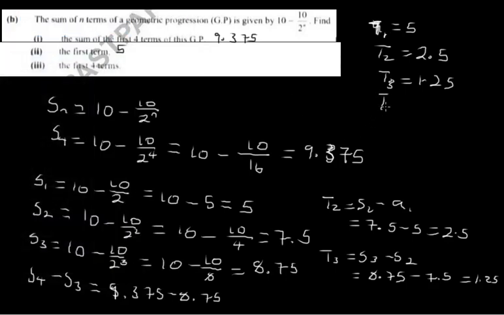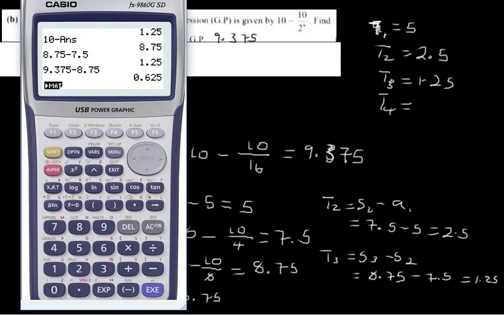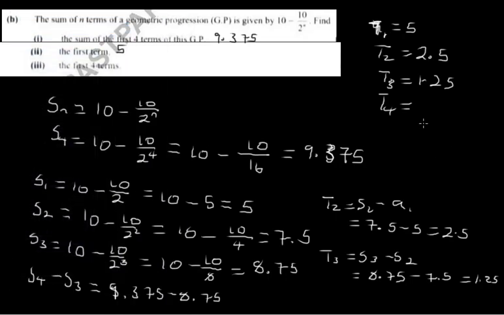So the last term, which is the fourth term, is 0.625. We can move on to the next question.